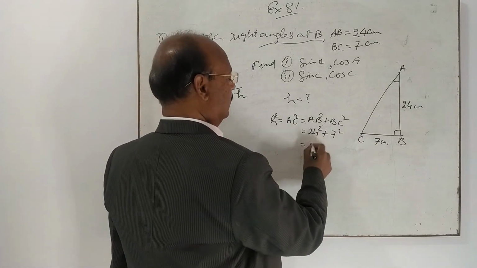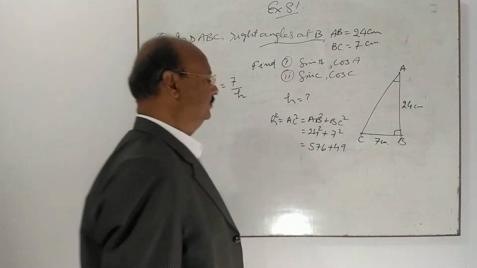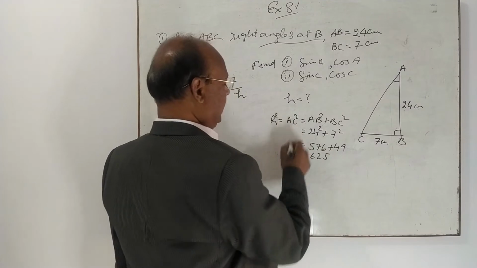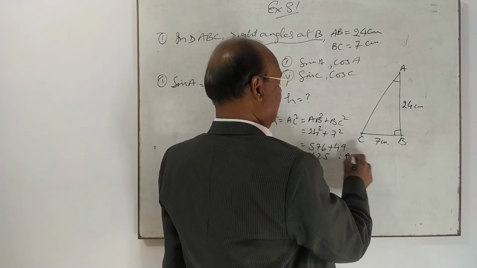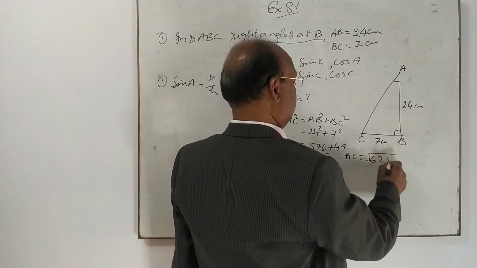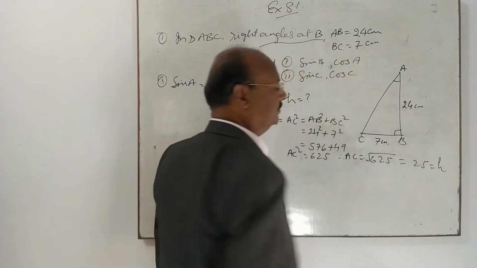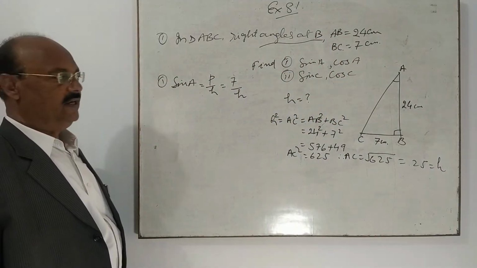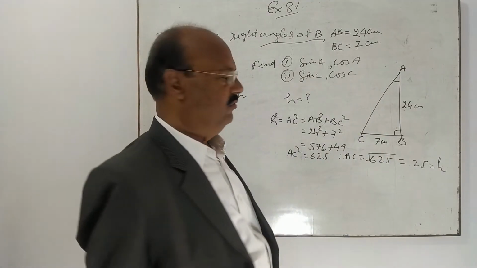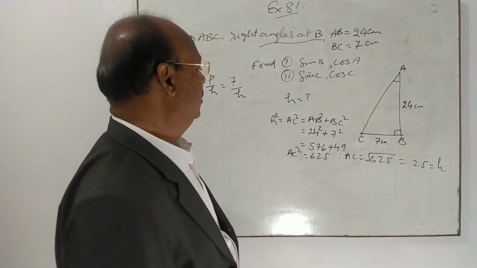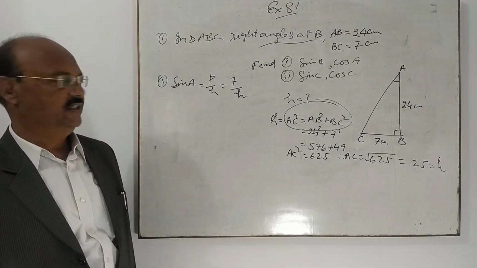This is 576 plus 49, which is 625. So AC is equal to the square root of 625, which is 25. This is the value of H. In a right angle triangle, if two sides are given, we can find the third side very easily with this formula, known as the Pythagoras theorem. You have already studied it.